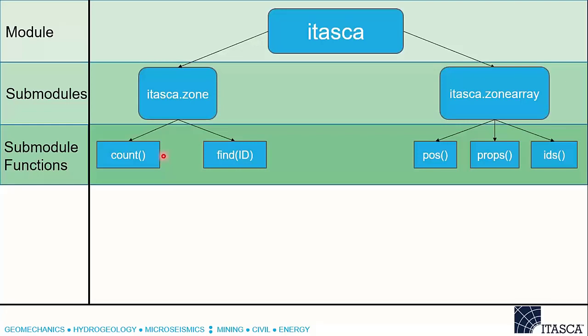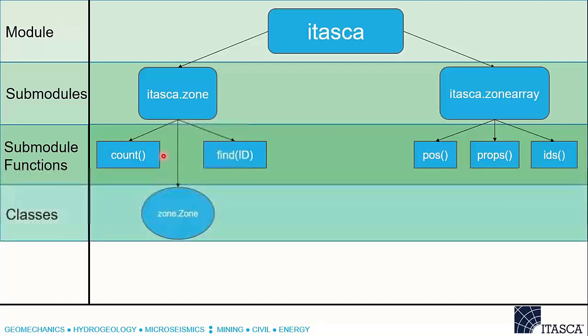Within the object-oriented submodules, there are also classes which represent the equivalent type within the software. For example, the zone submodule also contains a zone class. It's important to note that the naming convention here is that the submodule is called lowercase z zone, and the class is called uppercase z zone.